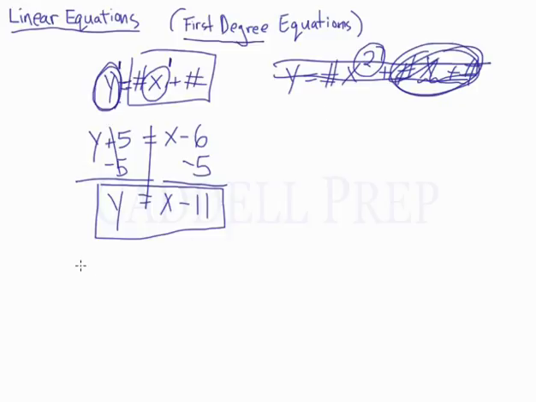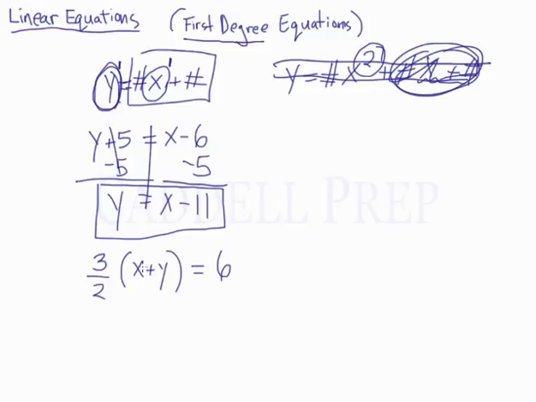Let's look at another one. So we have 3 halves times x plus y equals 6. Alright, what we want to do here is actually get rid of this 3 halves.